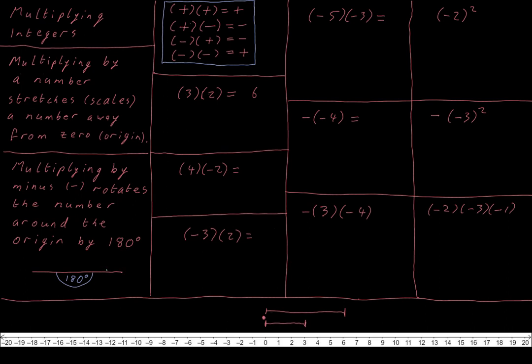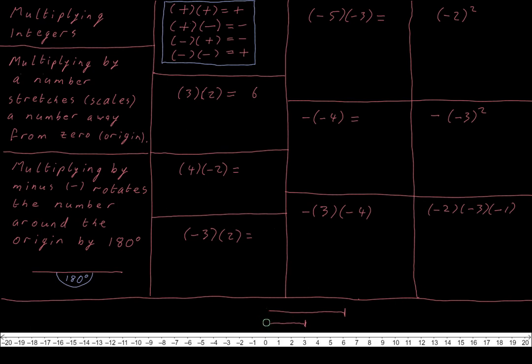So if I started out facing to the right, and I rotated through 180 degrees, I'd end up facing out to the left. So if we multiplied our 6 by a minus, we would keep the same distance from 0, but we would rotate around our number line over to minus 6.